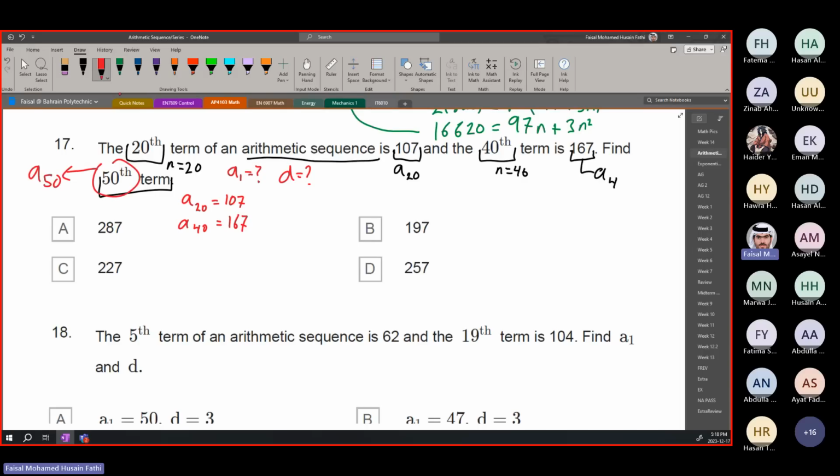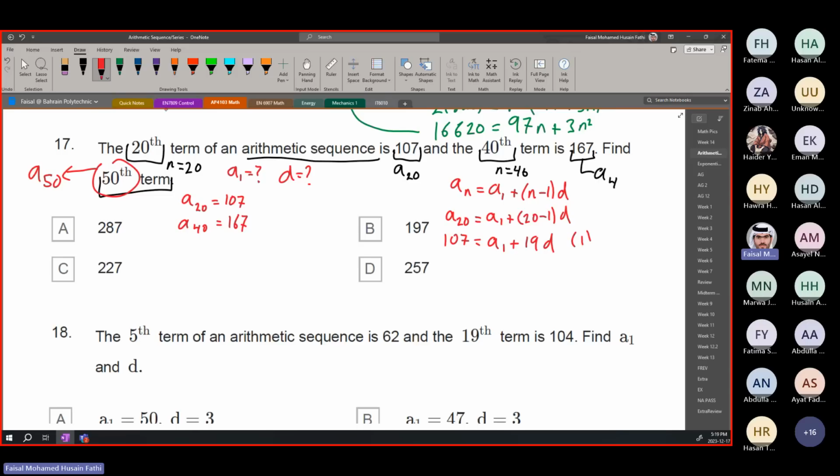For these two equations, we will substitute in An is equal to A1 plus n minus 1 times D. The first equation: A20 is equal to A1 plus 20 minus 1 times D. If we substitute, 107 is equal to A1 plus 19D.